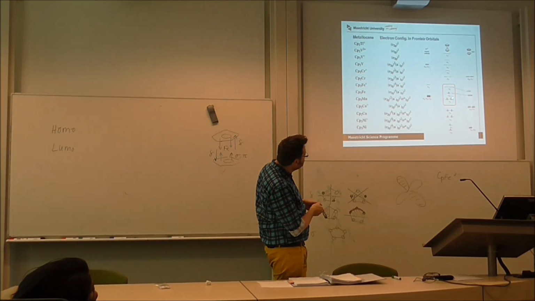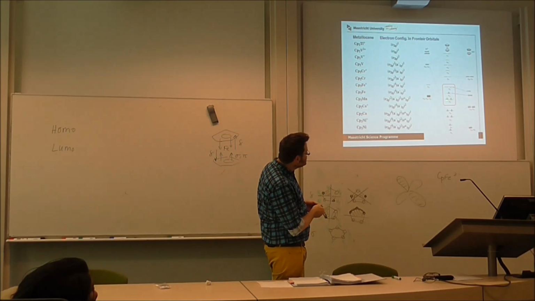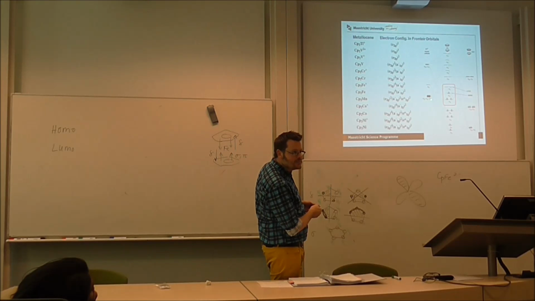It's built up from these d orbitals. So that is the molecular orbital. Look closely, built up from these delta symmetric orbitals and these metal orbitals. However, these 4 electrons come from the metal.